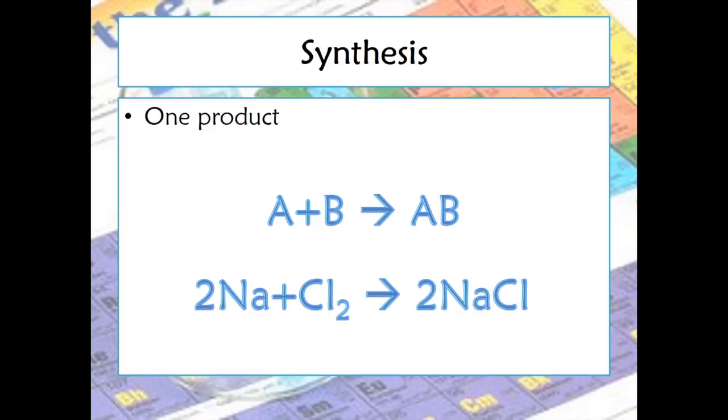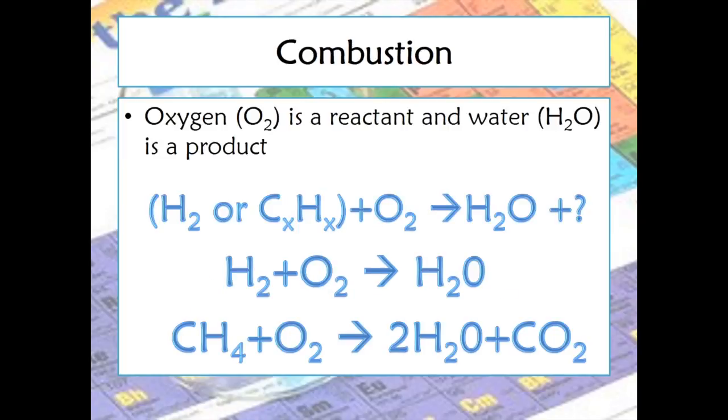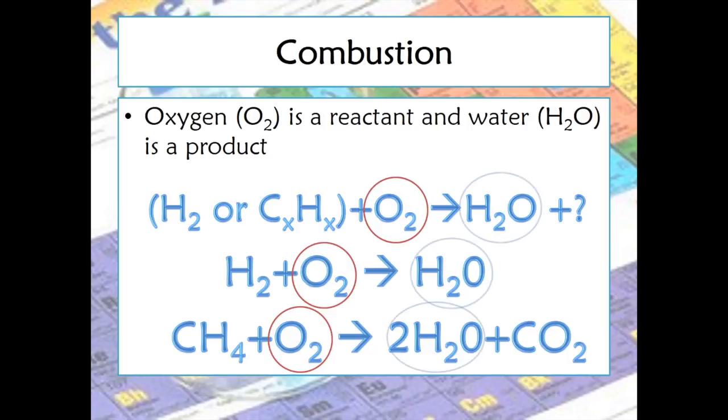The reactants A and B combine to form a new substance, AB. The key to identifying a combustion reaction is to notice that oxygen is a reactant and water is a product.